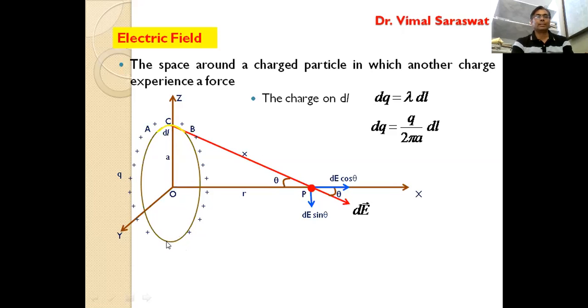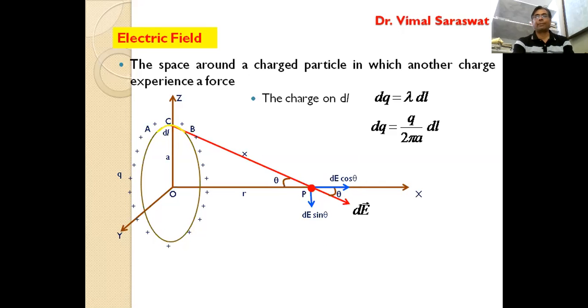If we join the center of this element to point P, then this length will be x and the direction of electric field will be in this direction. If we resolve this into two perpendicular directions, this component will be dE cos theta and this component will be dE sin theta. So by symmetry, the sum of all the components along the z direction will be 0, and the components along the x direction will be added together.